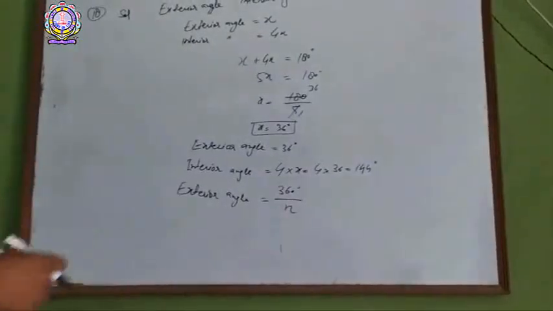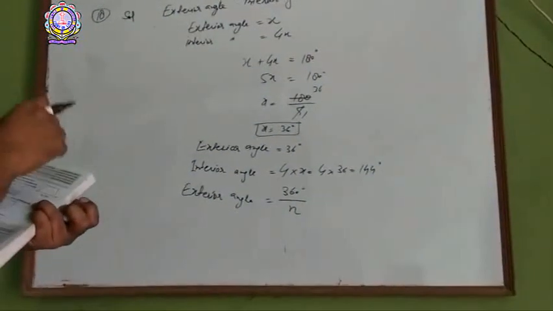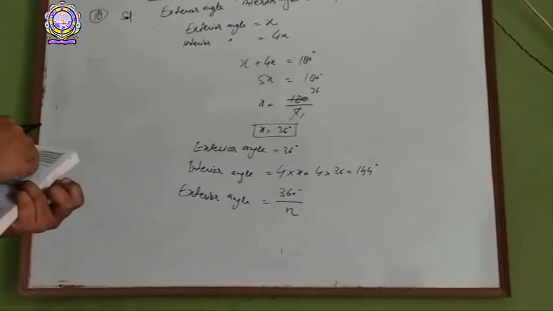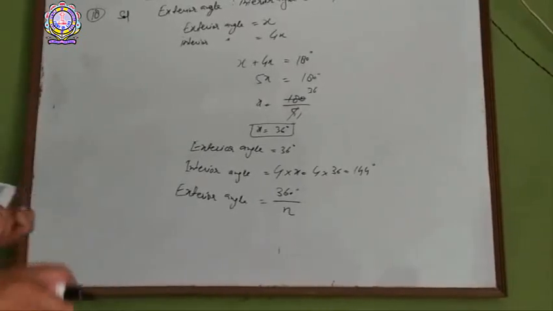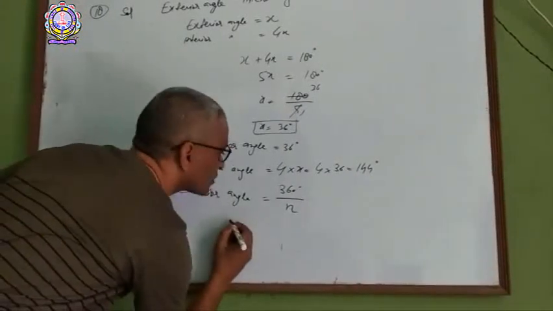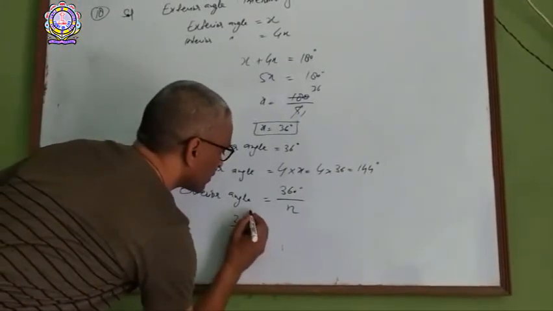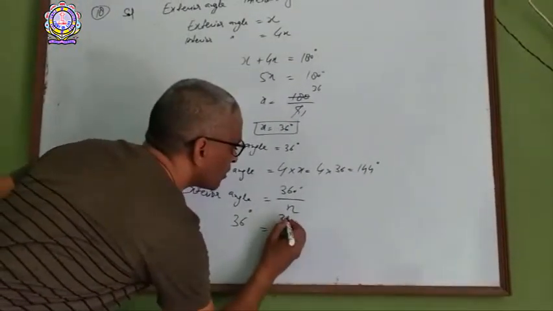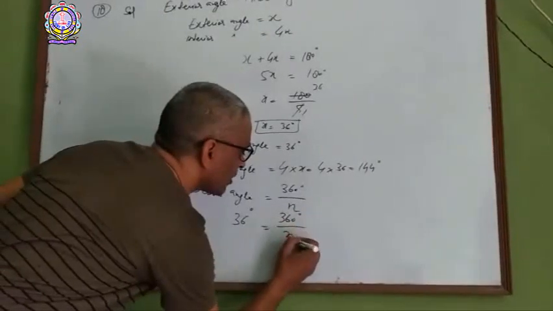Here n is the number of sides. This is our question: find the number of sides of the polygon. Okay, exterior angle, this is 36. 36 degrees will be equal to 360 degrees upon n.